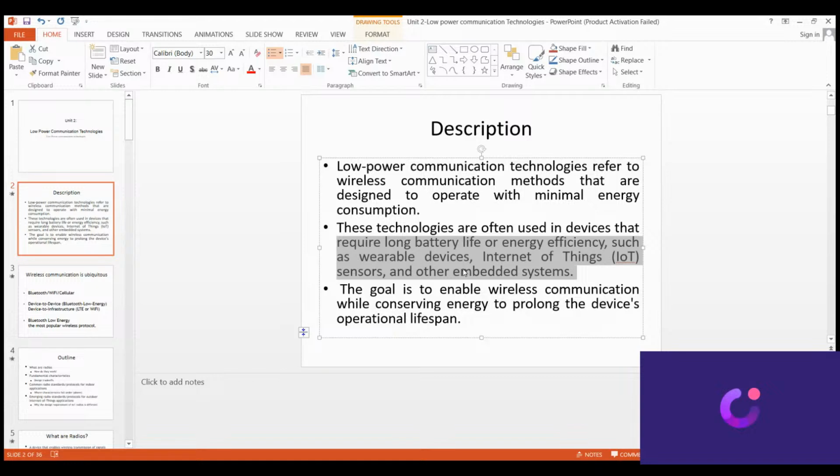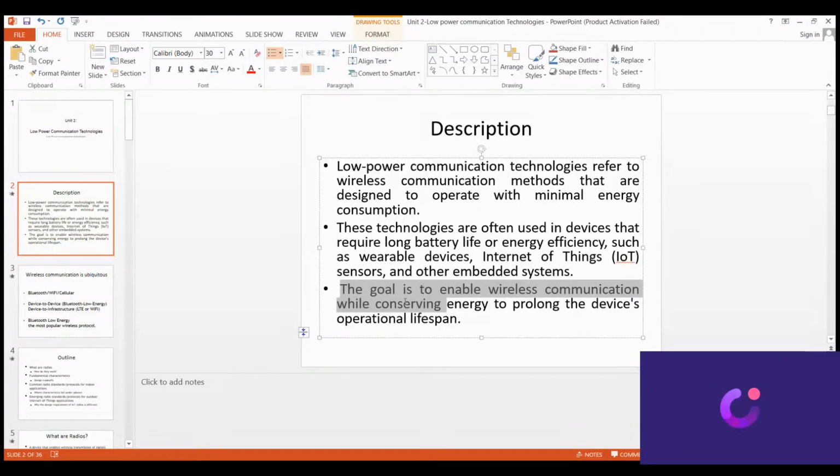These are the specific devices that we can point at to say these have been given priority to have long battery life, so that they are energy efficient.